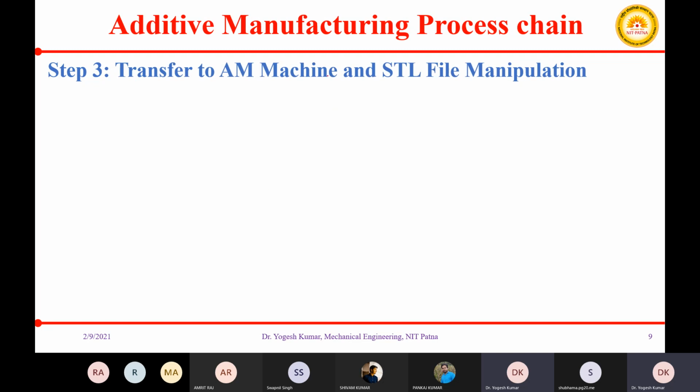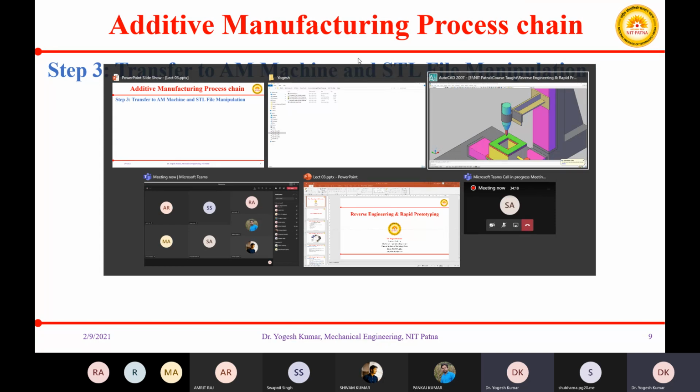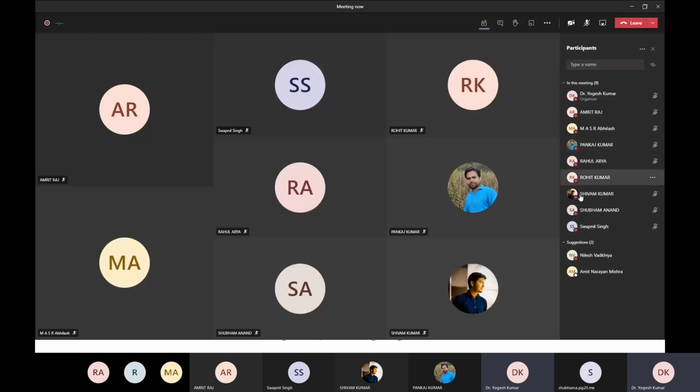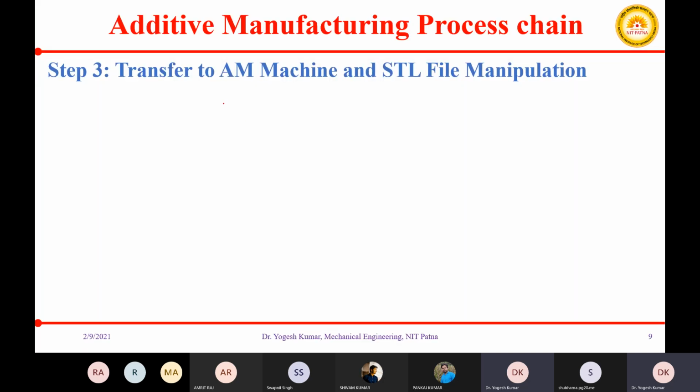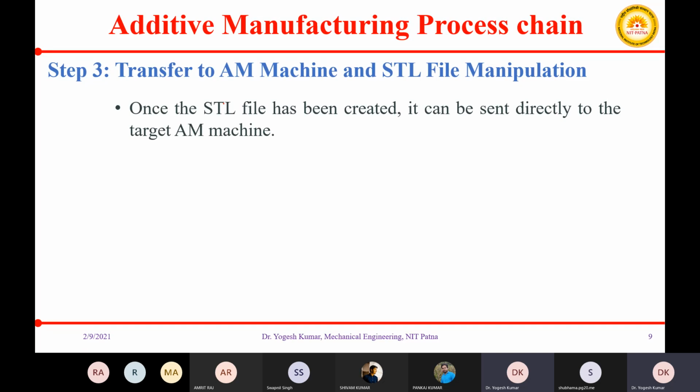Okay, so in this step, we are transferring our STL file to your RP machine or additive manufacturing machine for further steps needed at your AM machine or RP machine. Once this repaired STL file is created, it can be sent directly to the target AM machine or RP machine.